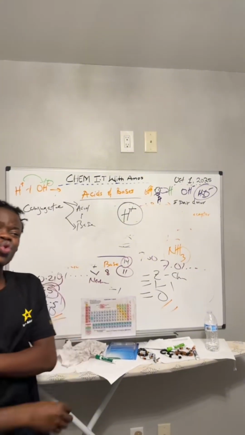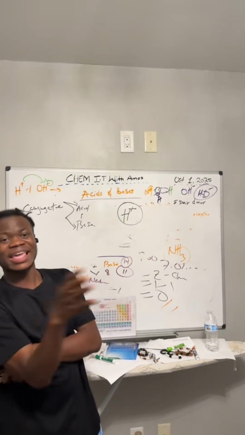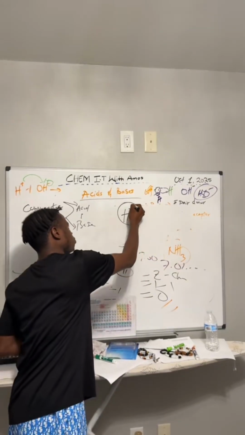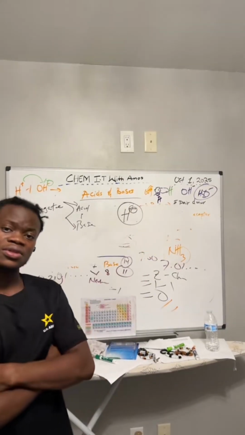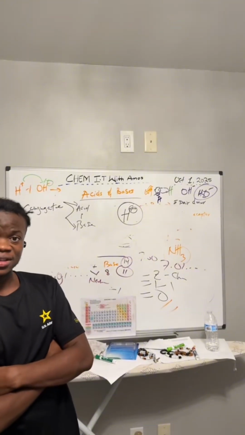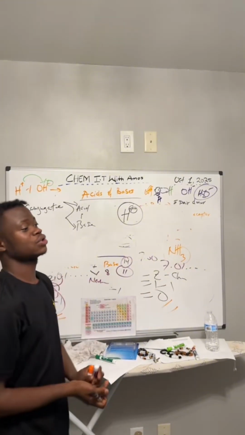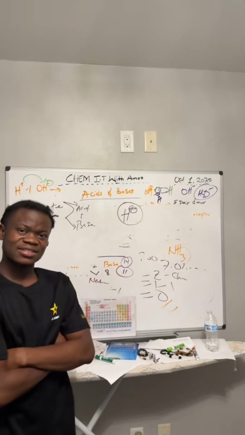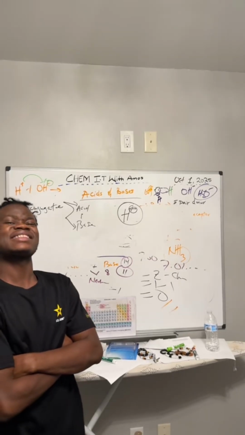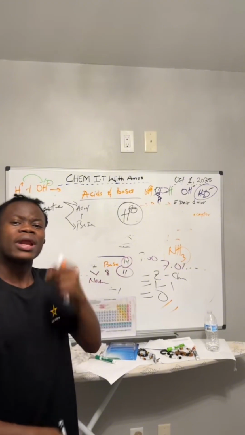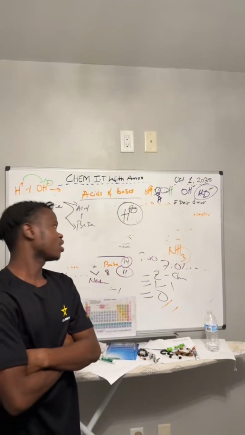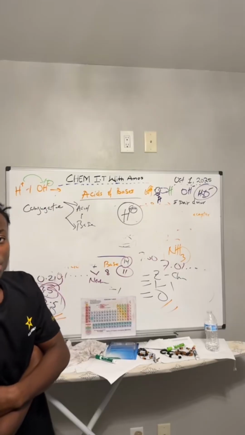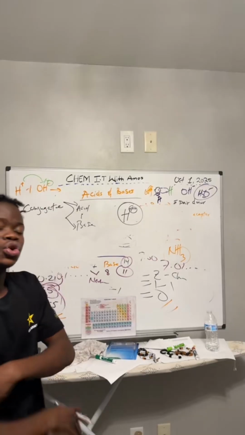When an acid gives away, when it loses this H plus, it forms a conjugate base. We can also say that when a base accepts a hydrogen ion, it forms what? Conjugate acid. So they are like opposites.